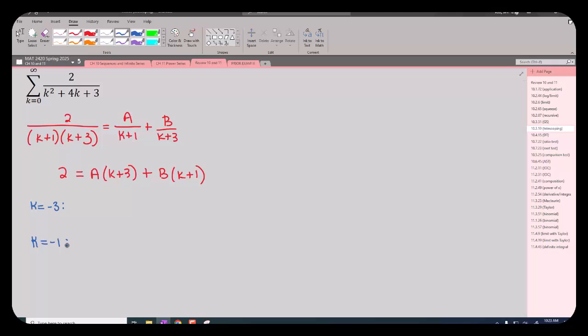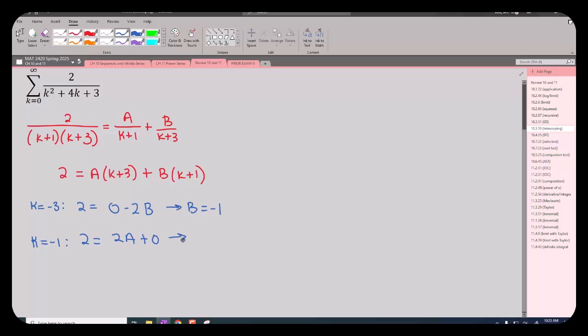When we plug in k equals -3 across the board here, oops, I didn't subtract right. So -3 is going in there, so we end up with -2. So this tells us that B is -1. Down here, we plug in -1 across the board. So we have 2A plus 0.